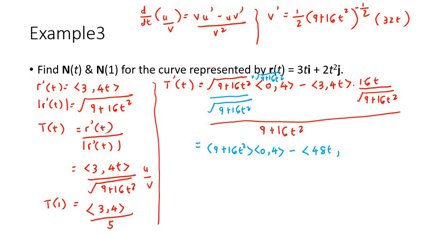Component j, 4t times 16t, so 64t squared. For the denominator, square root is power half, combined with power 1, so total is power 3 over 2.